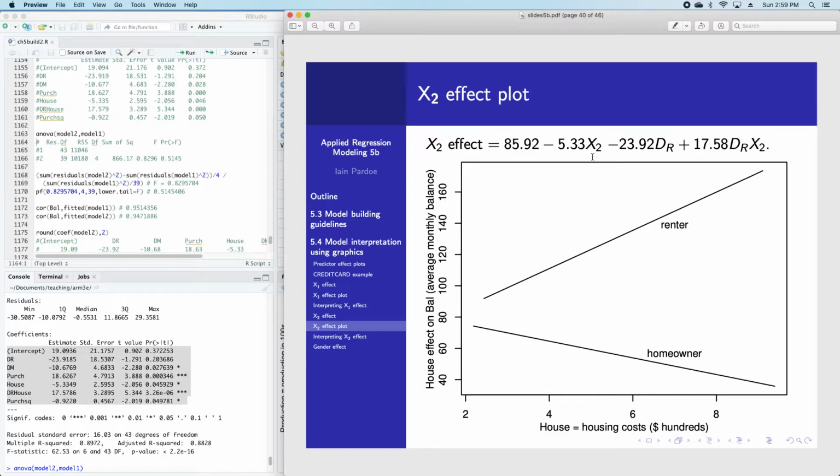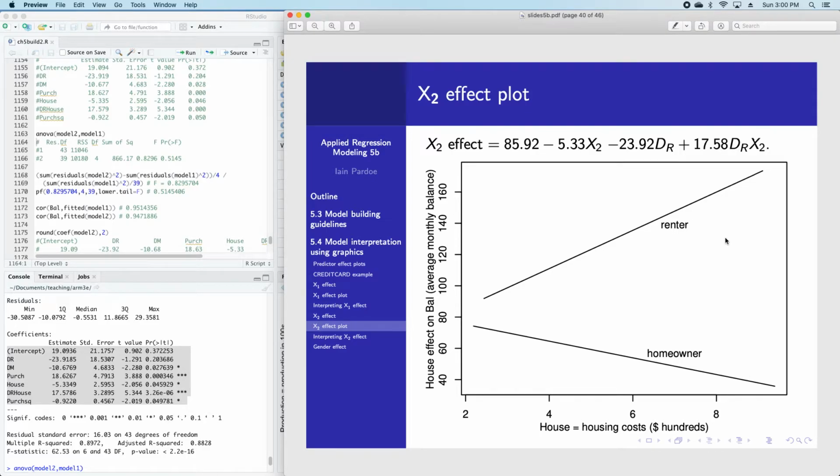And this line for renters has an intercept of 85.92 minus 23.92, so it has an intercept of 62, and it has a slope of minus 5.33 plus 17.58, so it has a slope of 12.25.